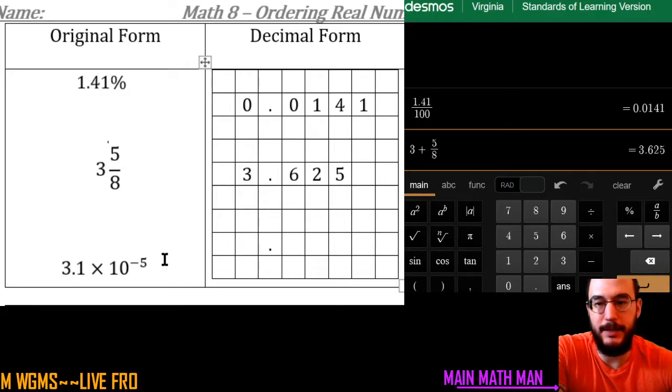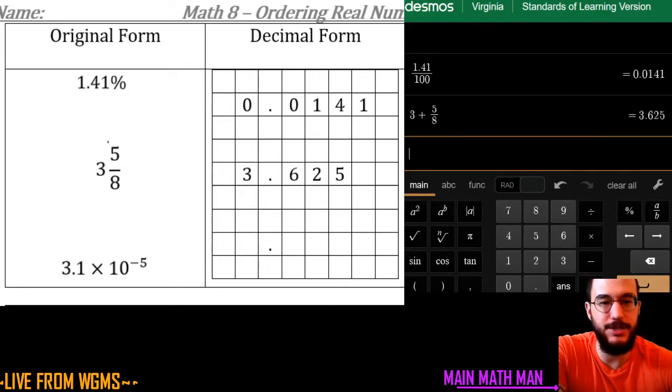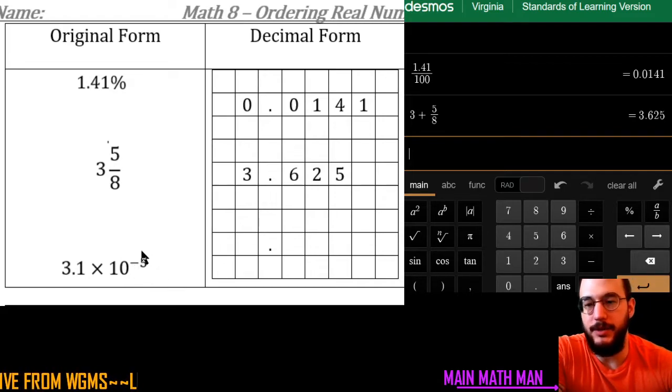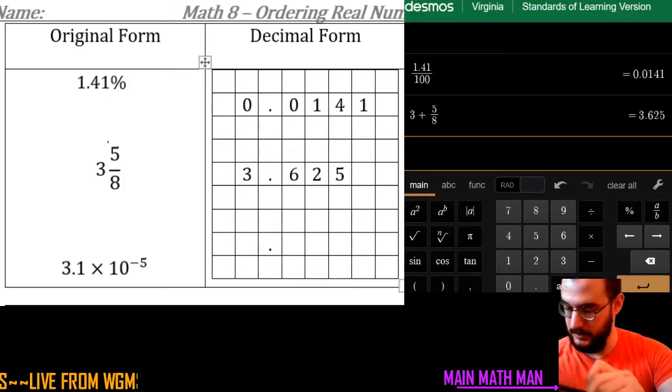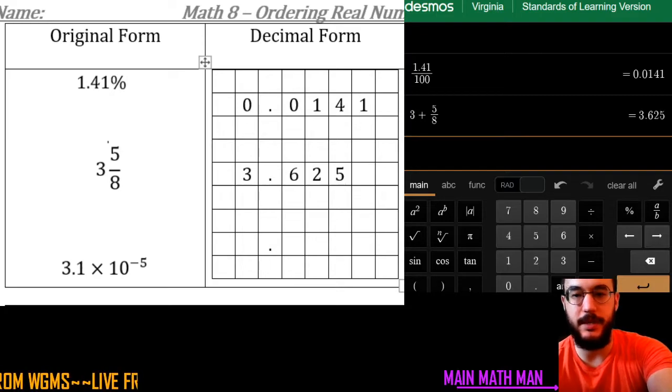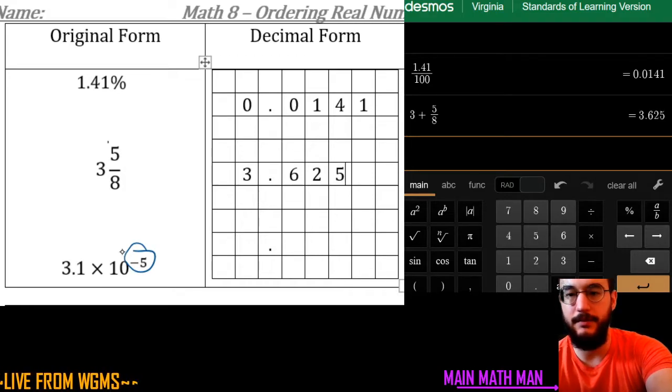For scientific notation, make sure, again, in the video for the notes, that you can do it by hand. So I would circle, let me actually see if I can do this here. I have my exponent is -5, so that means I'm going to move it to the left 5 steps.